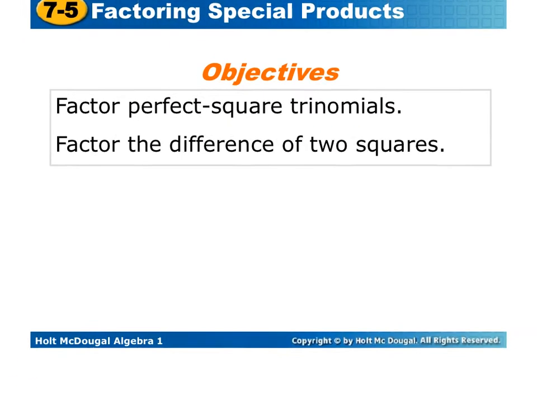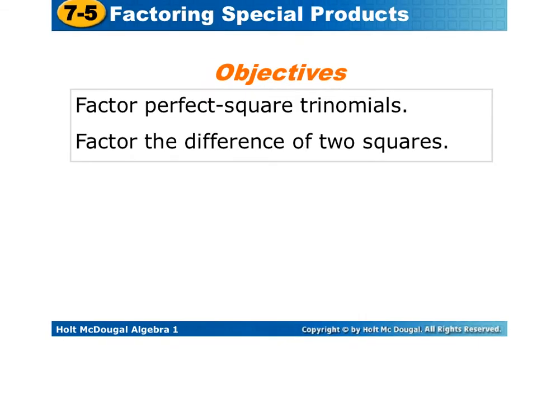Okay, so in today's lesson, we are going to learn how to factor perfect square trinomials and the difference of two squares. Now, we saw this when we learned how to multiply them, when we FOILed. Remember, the difference of two squares is going to be just a binomial. So for example, remember when we did this, x squared minus 36?